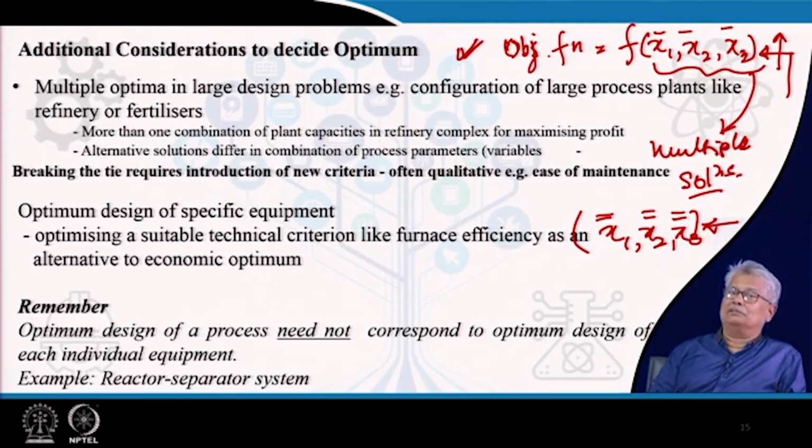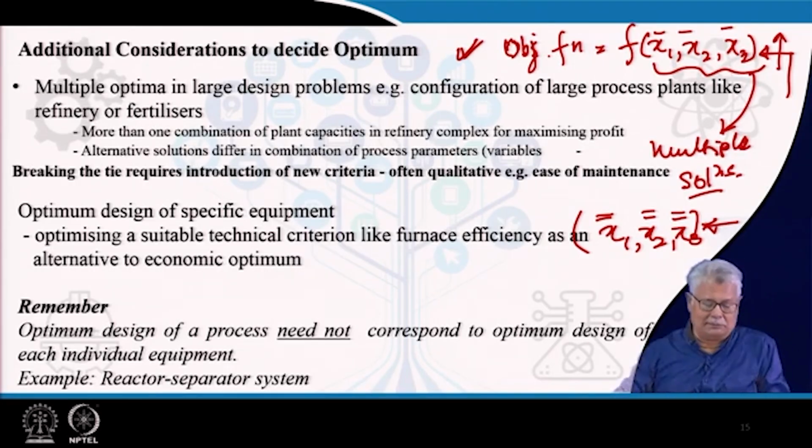I'll give you an example of this as well. You may feel at this stage that if I optimize every subunit of my entire complex to the best possible optimum option, we will definitely be achieving the global optimum. No. I give you an example, and with that possibly I'll be stopping here today.